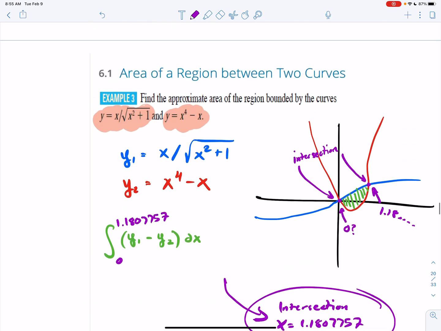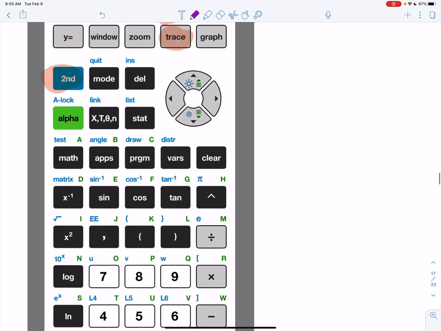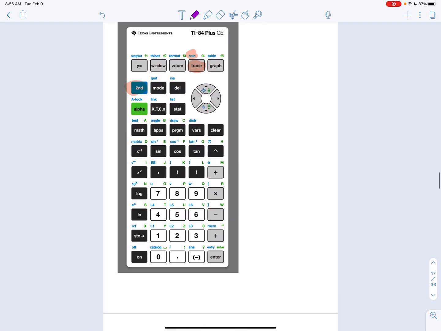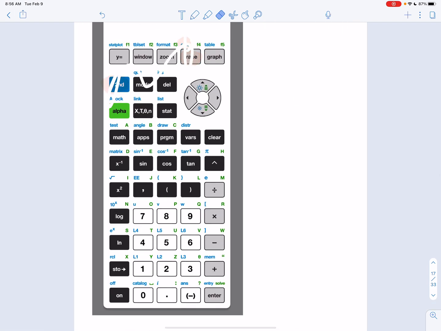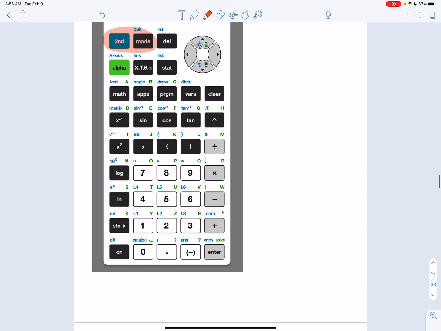What you would do next, and I'll show you using a calculator, is go to second and mode to go to your home screen. Then right above the on button is this STO button. That stands for store. You're storing that previous value.